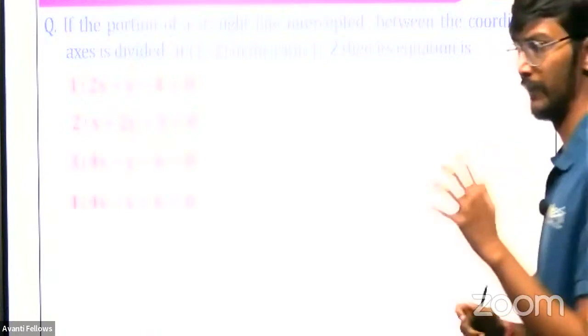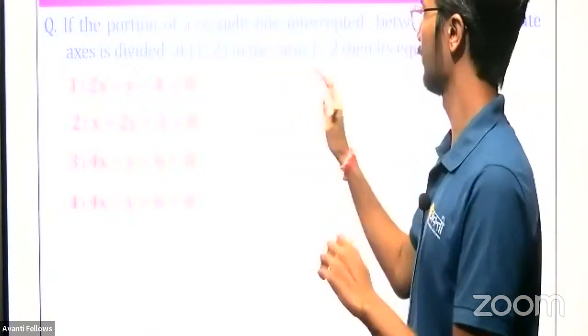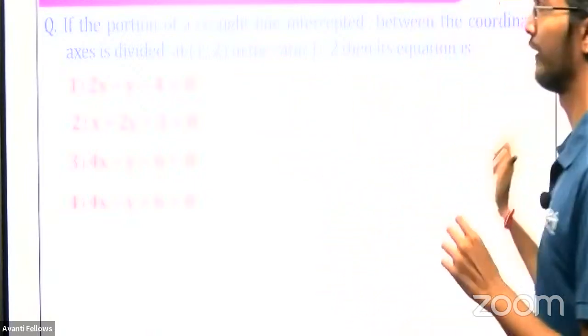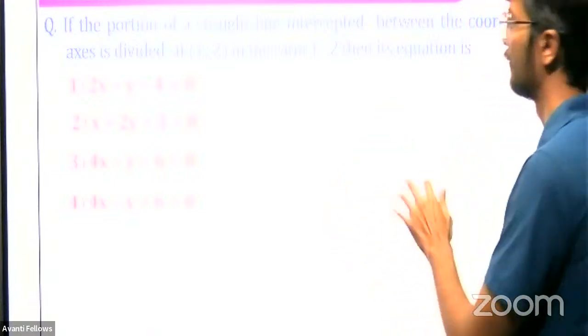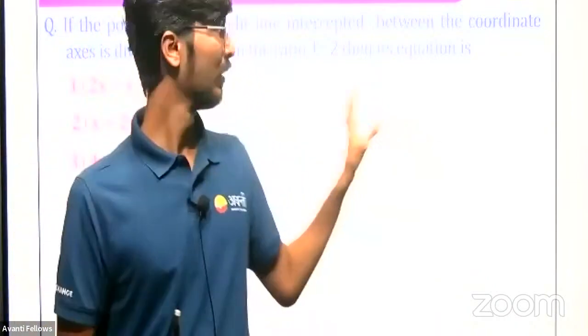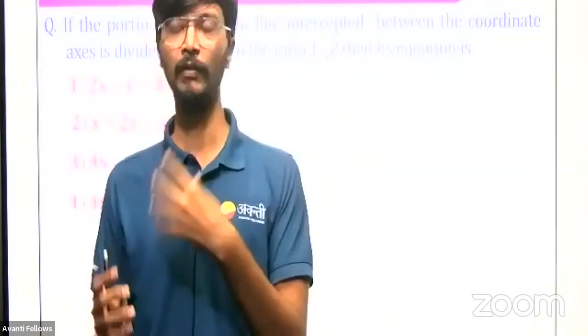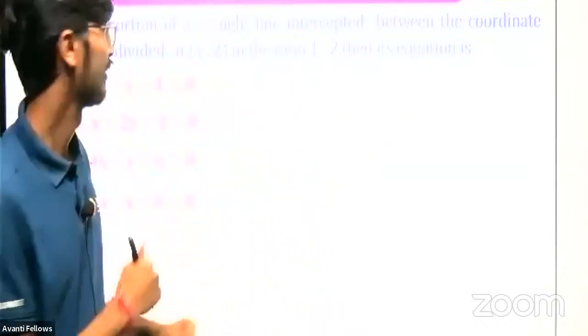So let us read the question again. If the portion of the straight line intercepted between coordinate axes is divided at 1 comma minus 2 in the ratio 1 is to 2. Let us break down this question and let me explain how to understand the question.